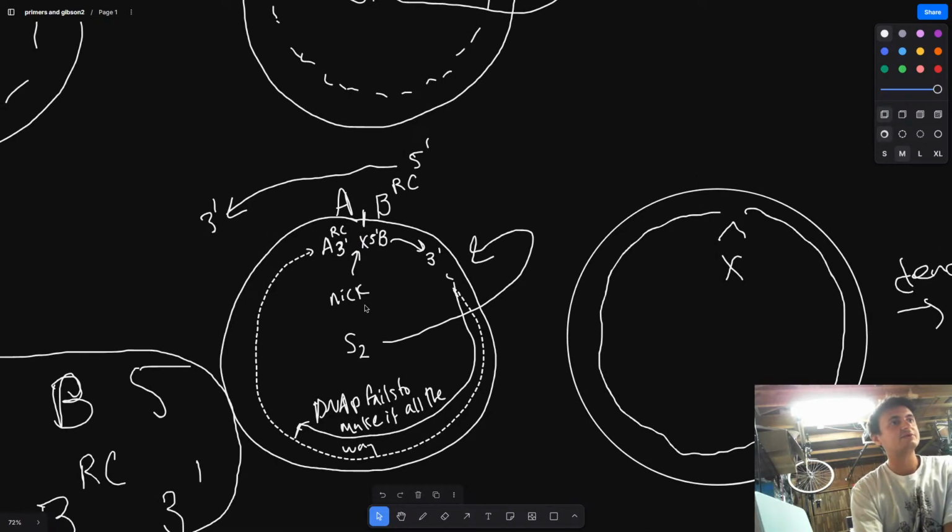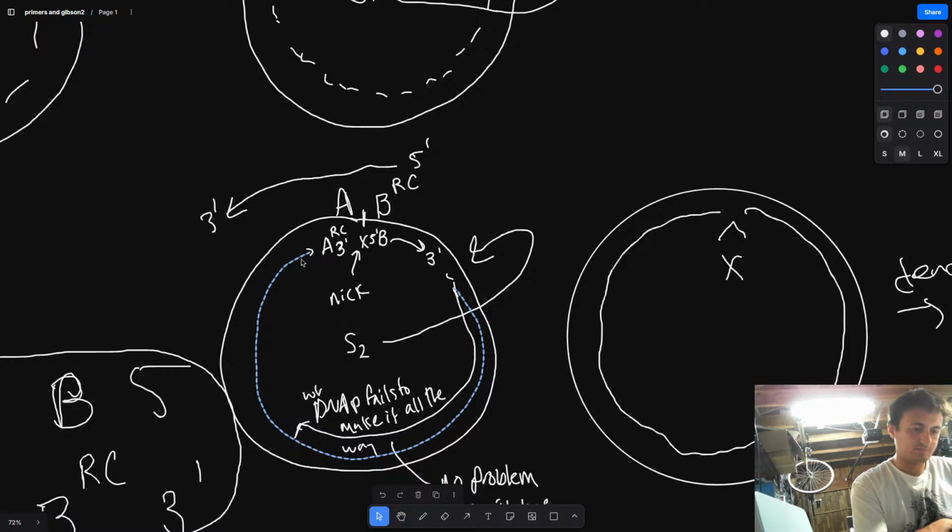Actually, I think that this can't produce any daughters, because the primers we have are B and A. So no problem, because it has no way to amplify.